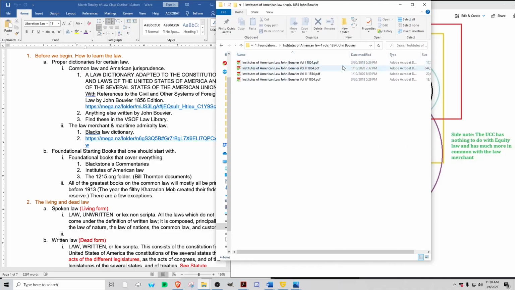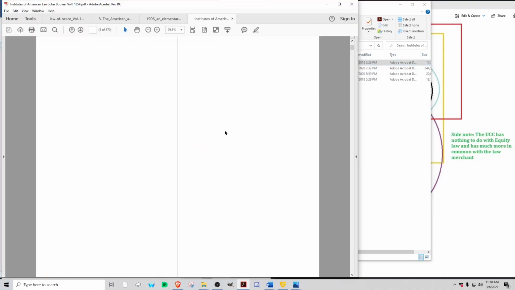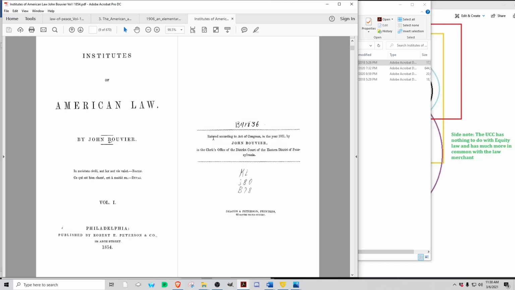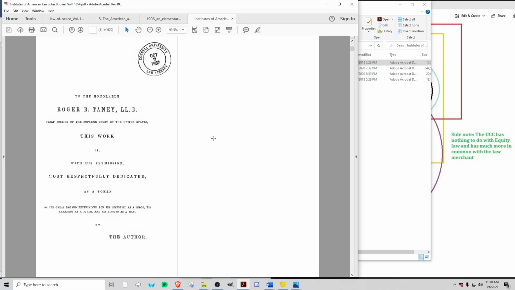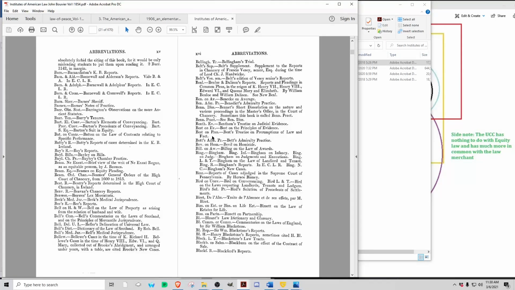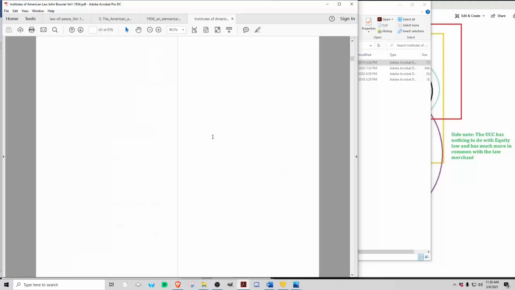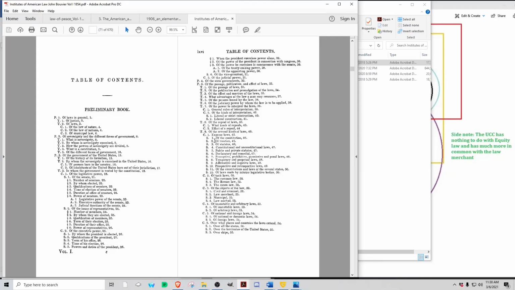And this is a 4-volume set of Institutes of American Law by John Bouvier. It took me a while to find this on archive.org, but I'm very glad that I did because of the thoroughness of his work. This is just all the abbreviations, so I'm just going to skip forward so I can show you guys the table of contents here.